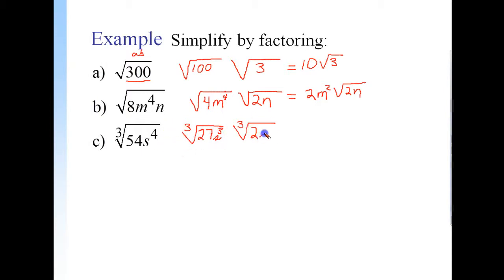And what's left is s. So now we take the cube root of this, which is 3s, and what's left is this. So what we've done is taken these products, divided them into perfect whatever we're looking for, squares or cubes, and then whatever's left, take the actual root of these, and then what's left. Okay?